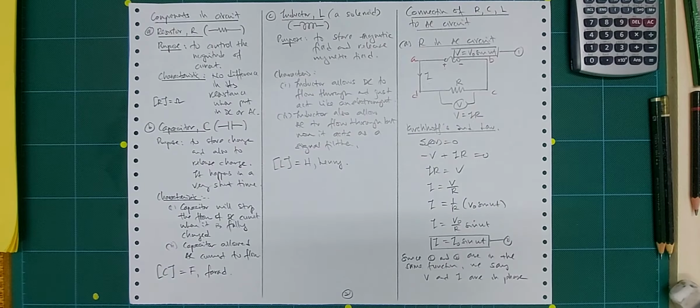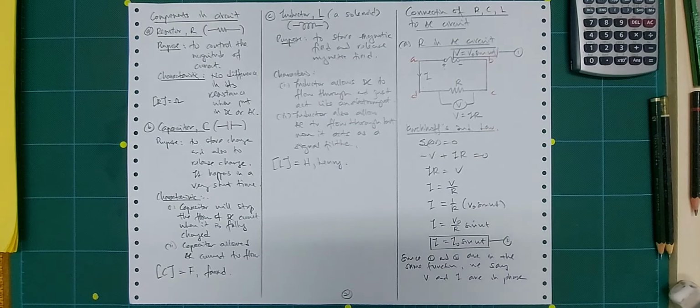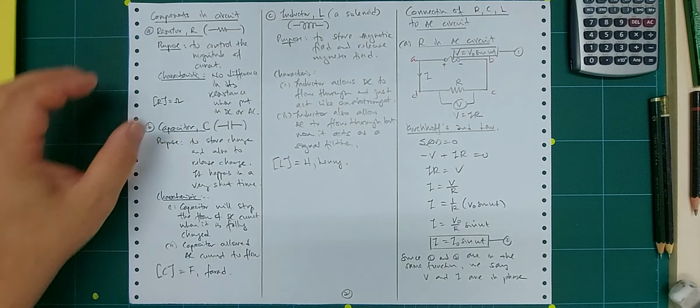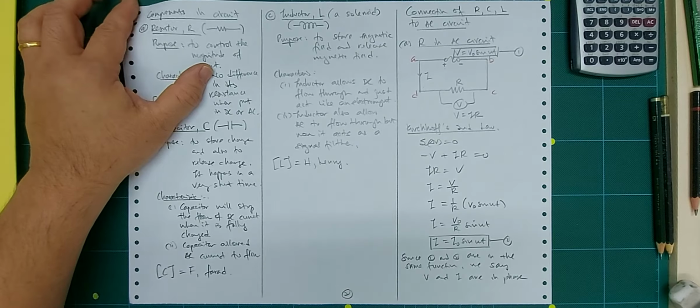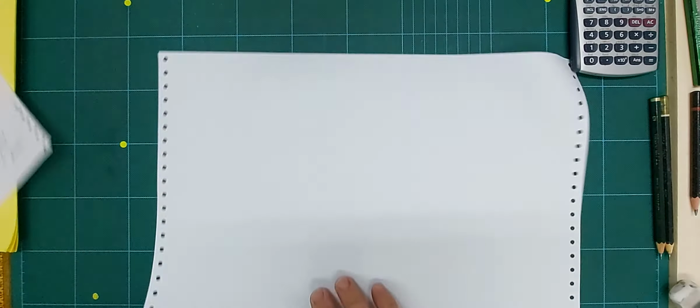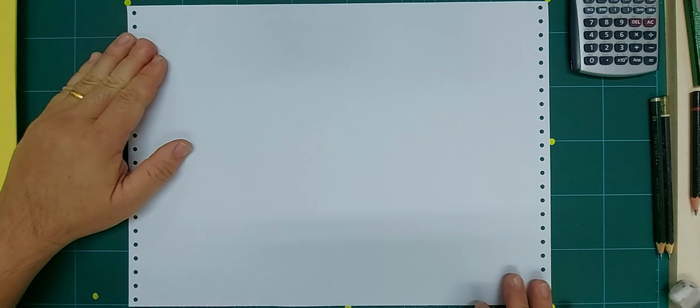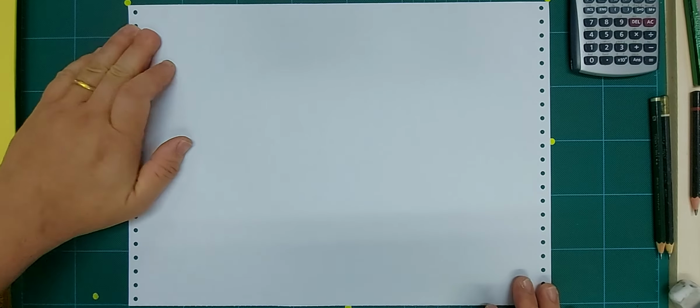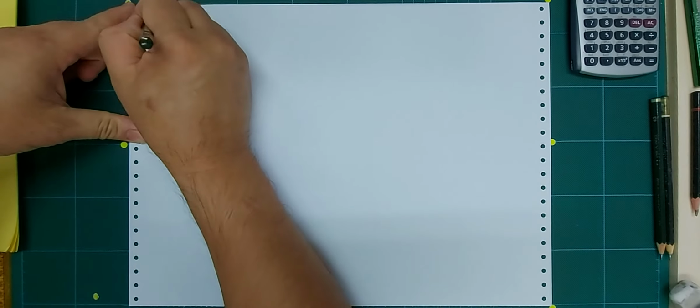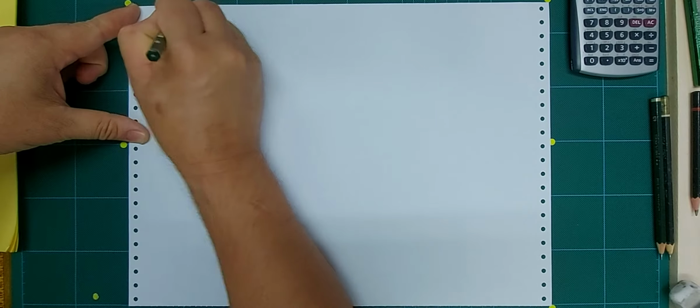So how do we draw in phase? How do we represent in phase? We have to use something called the phasor diagram. So we draw the phasor diagram for our resistor. We already know that they are in phase, so that means they should be pointing in the same direction.